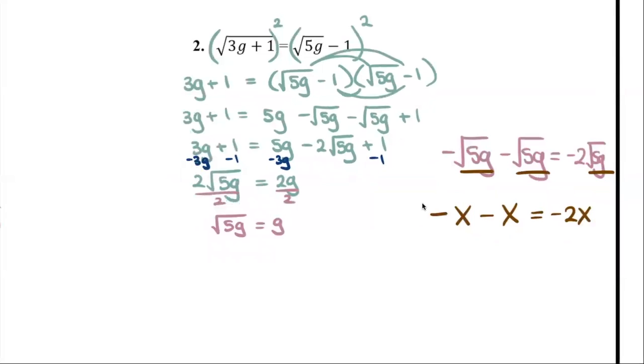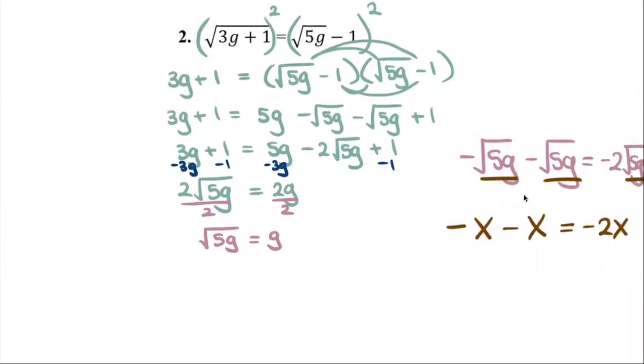I don't see any questions in the chat yet, so I'll go ahead and keep going. If you have any other questions, plop it in the chat, and I'll be happy to answer anything. All right, so we have rad 5g is equal to g. So I'm going to square both sides to take care of that last square root, giving me 5g is equal to g squared.